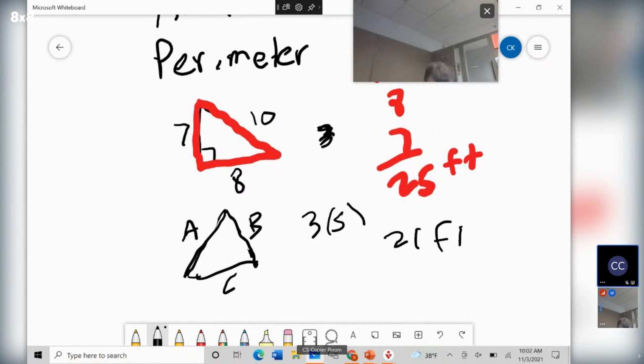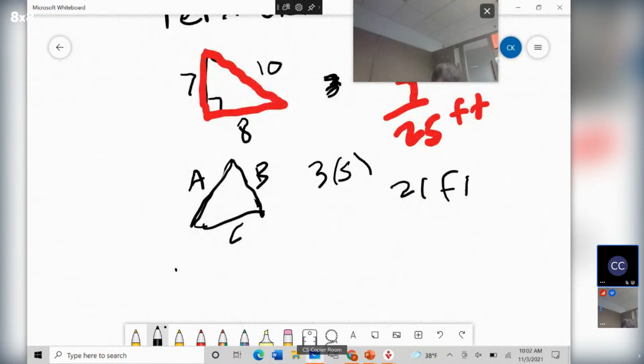And what it's going to say down at the bottom is C equals 7. So you know that the base is 7, and you know it's an equilateral triangle. So you're just going to add 7, 7, 7, because you know all three sides are 7 because it's an equilateral triangle. It might only give you one side, but you're going to know that's an equilateral triangle. So I'm just going to add 7, 7, and 7. Okay.